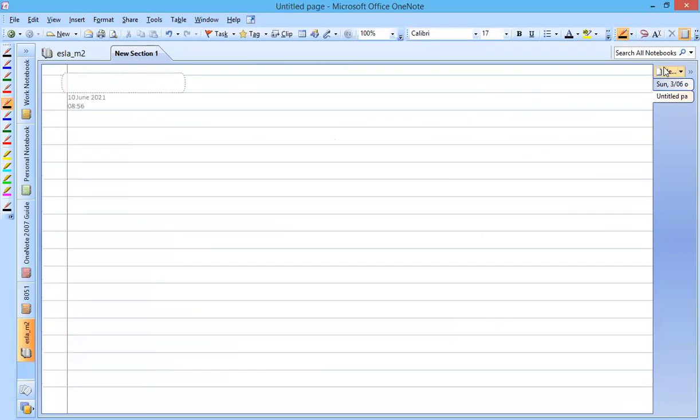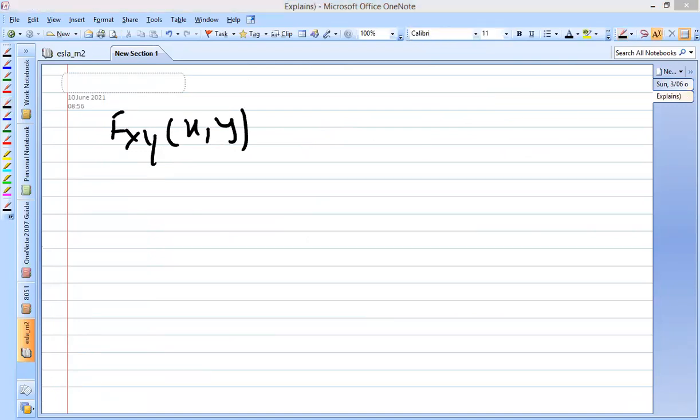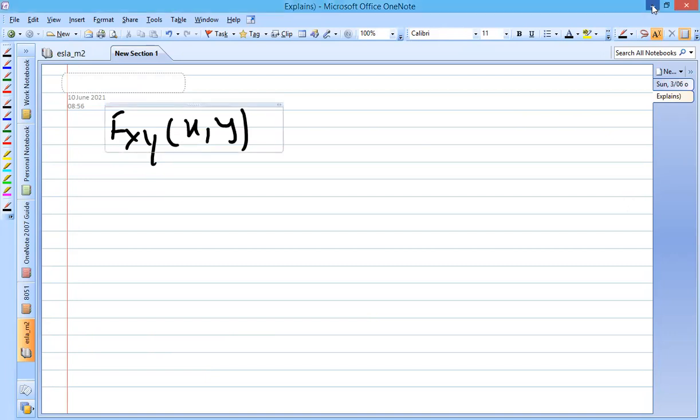Next, in the third part, we are asked to calculate the CDF fxy of x comma y. What is the range that has been given? Looking at the PDF, fxy of x comma y is defined when x and y both lie between 0 to 3. We need to calculate the CDF value.